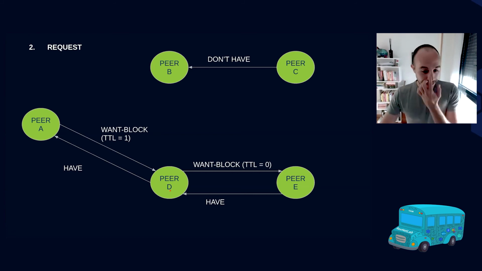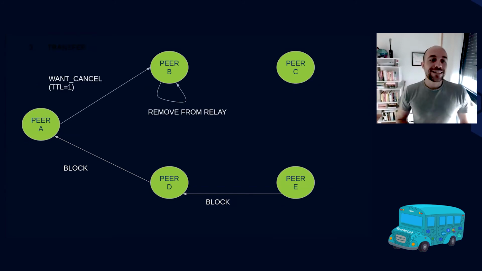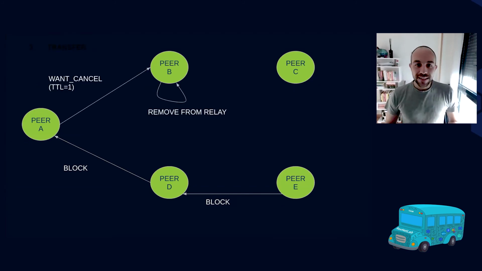Peer D will identify the relay session that is active with E and will send a want-block to peer E. Peer E will send the block, which will be forwarded to peer A through peer D. And then peer A just sends a cancel message to let everyone know that it has found the content and they can stop their relay sessions.